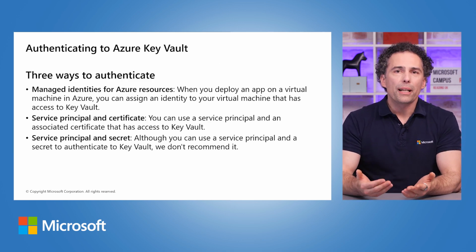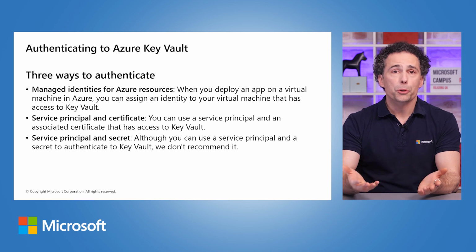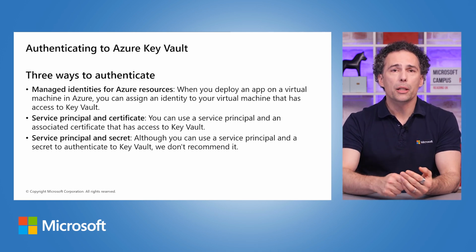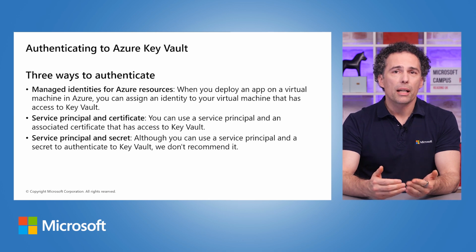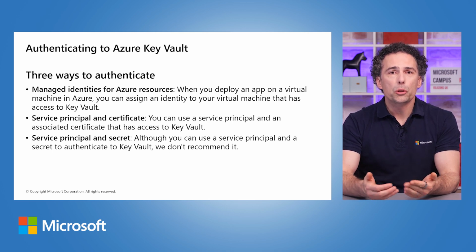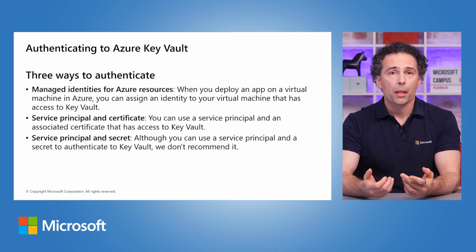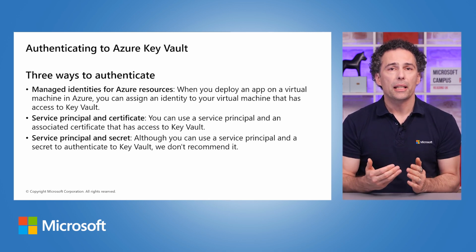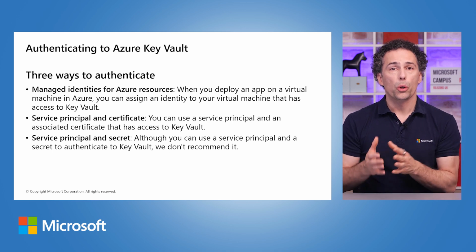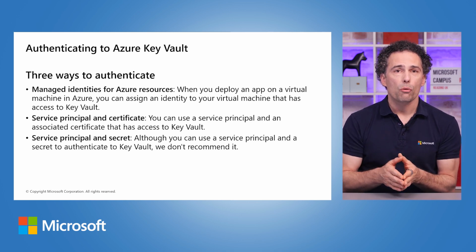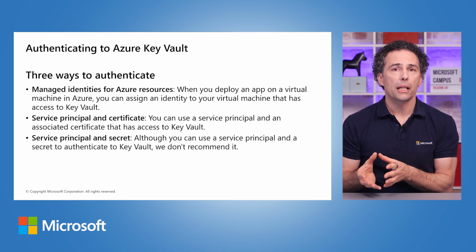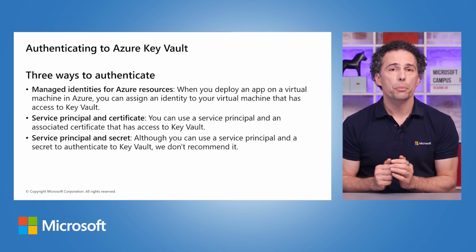Obviously, nobody can just walk up to your fortress of secrets, aka Key Vault, and demand, "Show me the secret." Everyone and everything using Key Vault needs to properly authenticate. There are 3 ways to do so. You can assign managed identities to Azure resources hosting your application, for example, an app service, container instances, or a virtual machine.